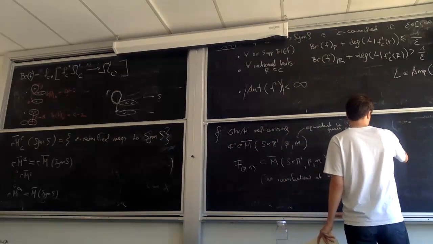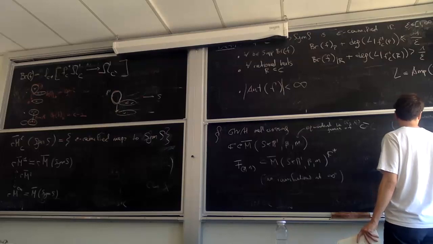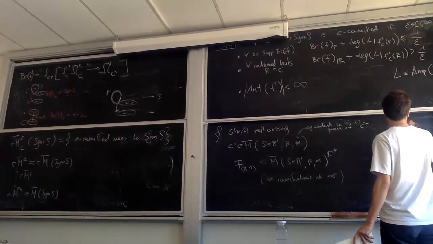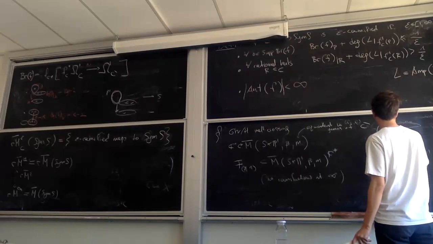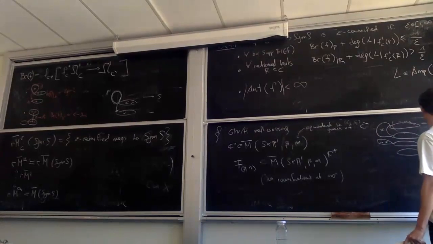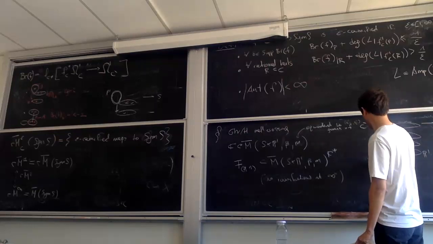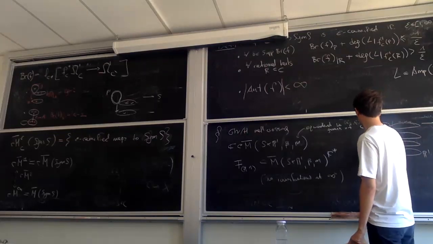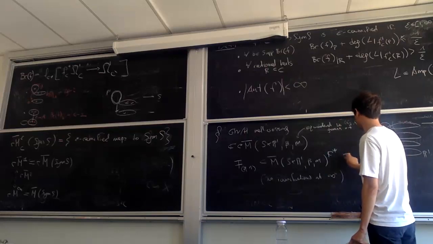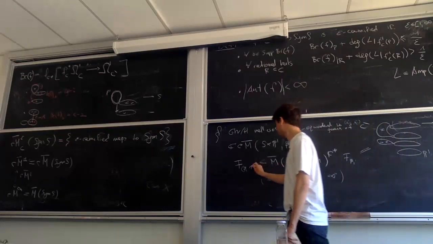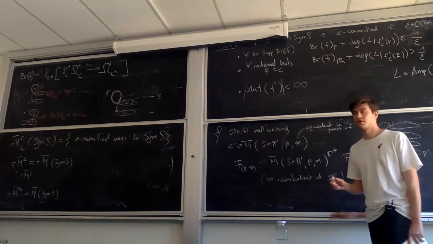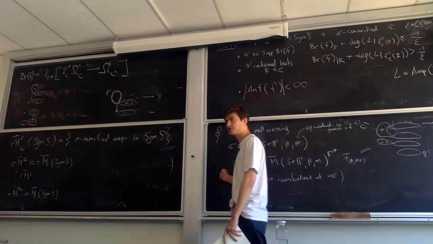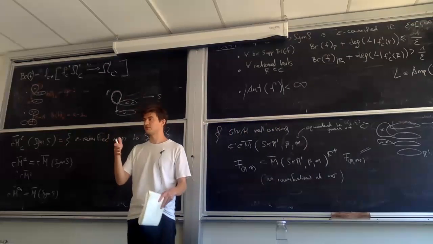So how does it look? You have your P1, and this will be the picture. It's really just Gromov-Witten theory of S, in which you have marked points with cyclotomic classes. It's going to be relative.